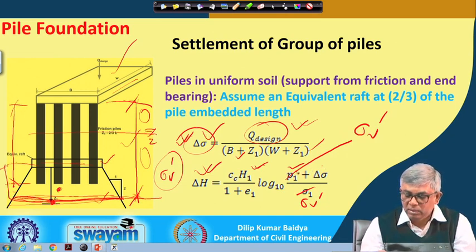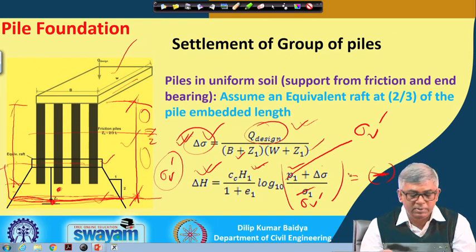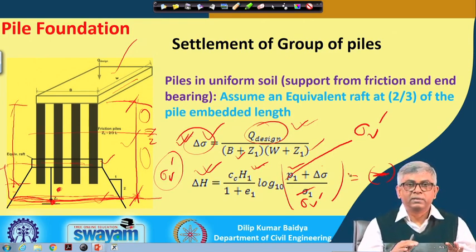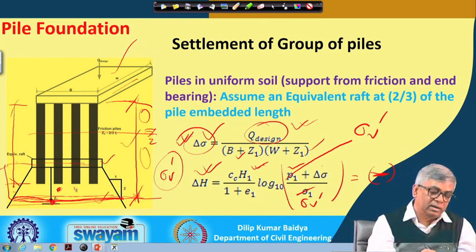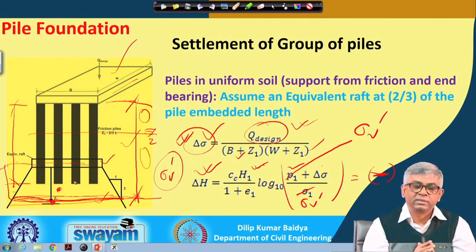So, log of (sigma v dash plus delta sigma) by sigma v dash. If you calculate this, whatever comes will be the consolidation settlement of the layer.